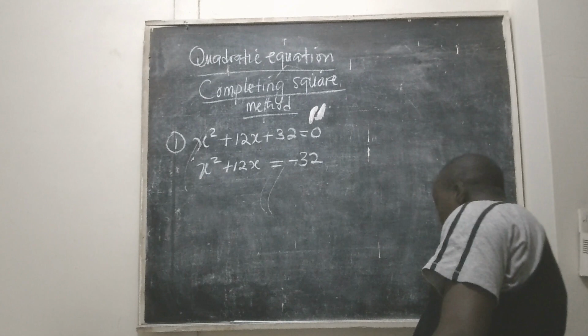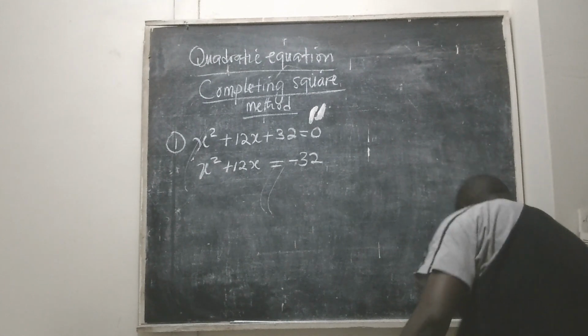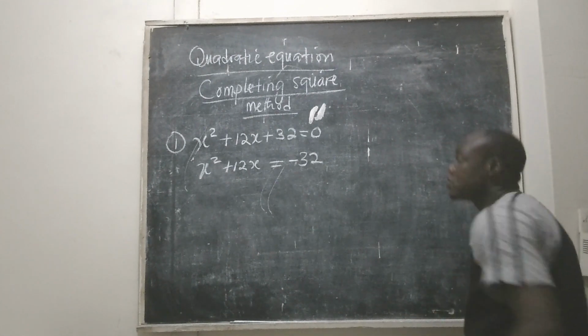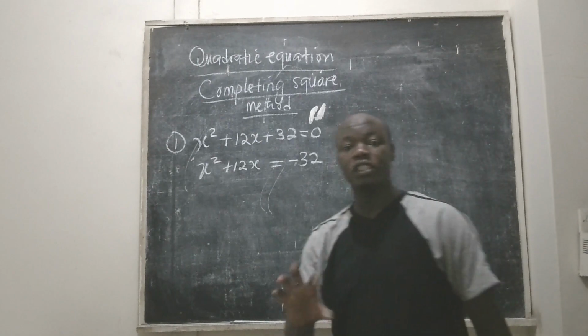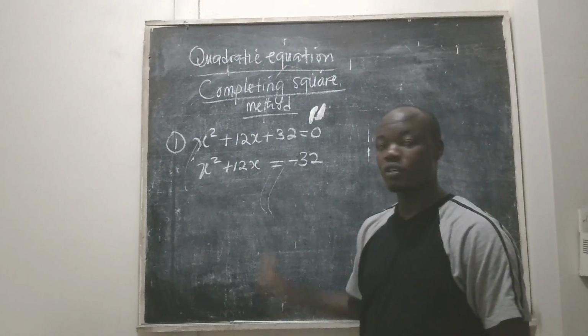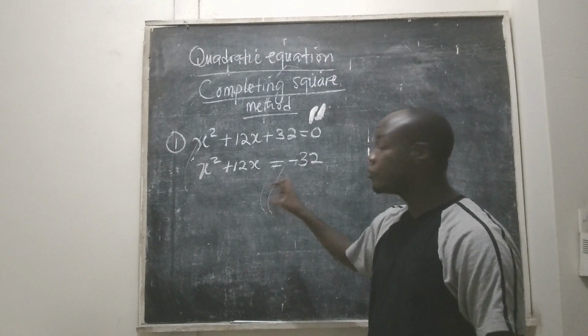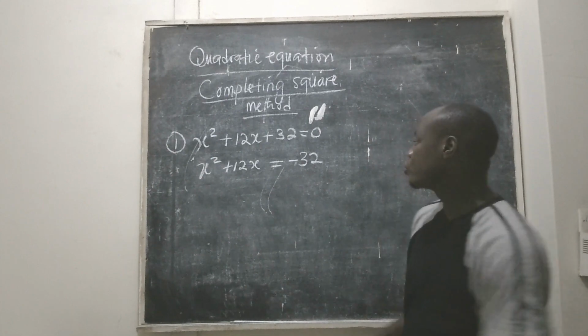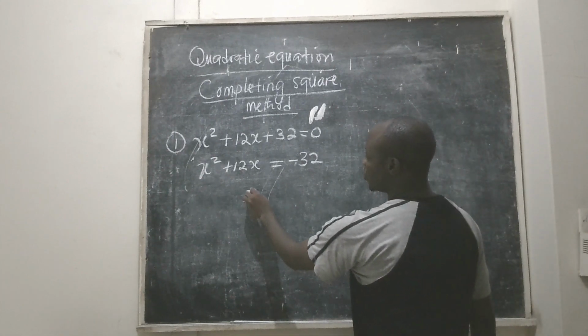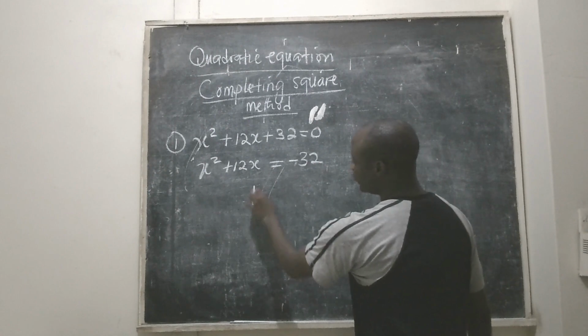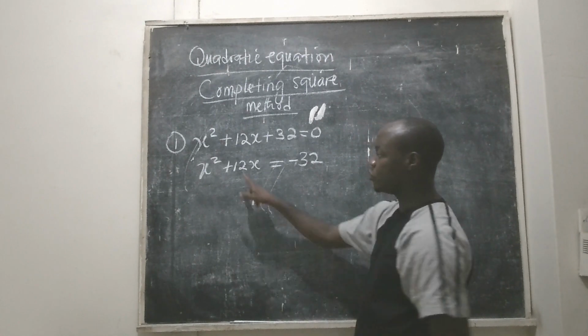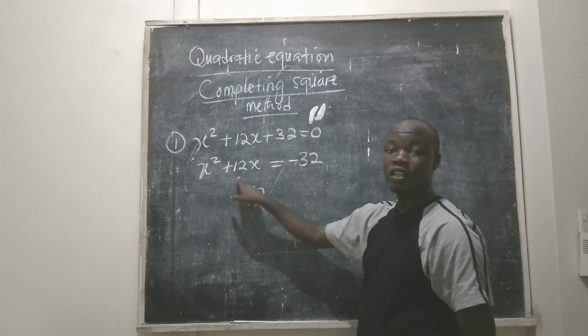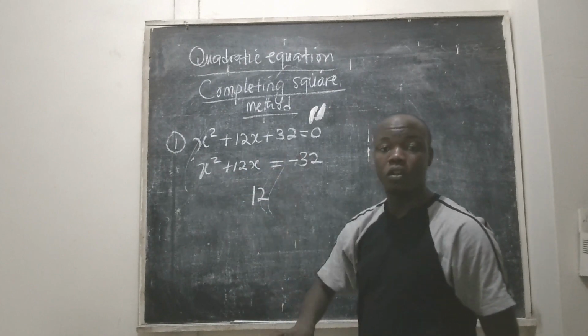And then after we do that, the next thing is to look at the coefficient of x. So what is the coefficient of x? The coefficient of x is 12. So this is a rule.